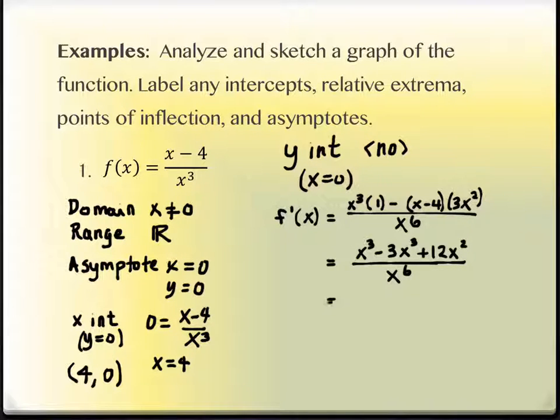Is that what your next step looked like? Yeah? So you have negative 2x cubed plus 12x squared, and then what do you think you can do? Yeah, everything has a power of 2 on the x, right? So if I divide everything by x squared, I get negative 2x plus 12 over x to the 4th.